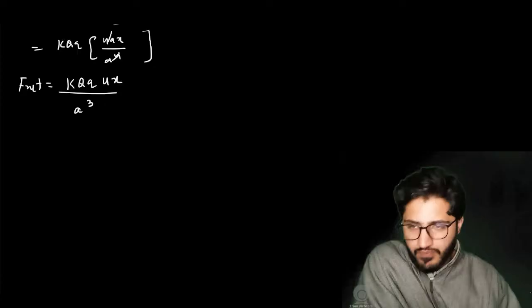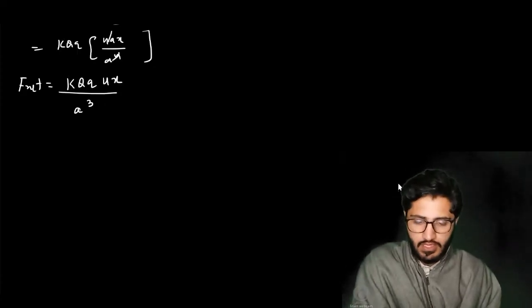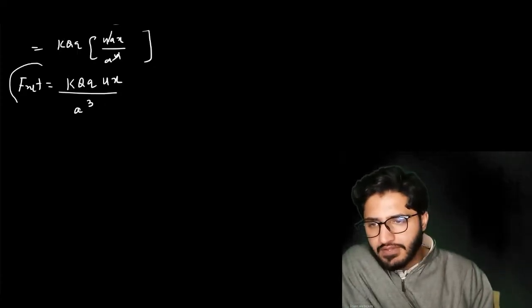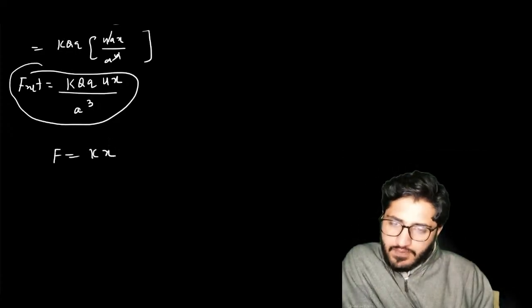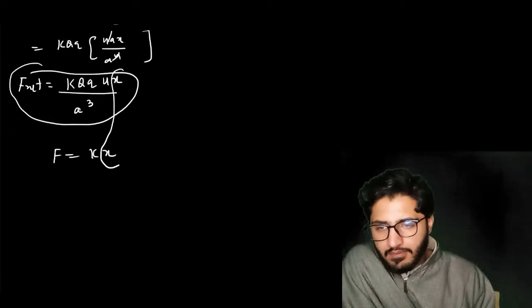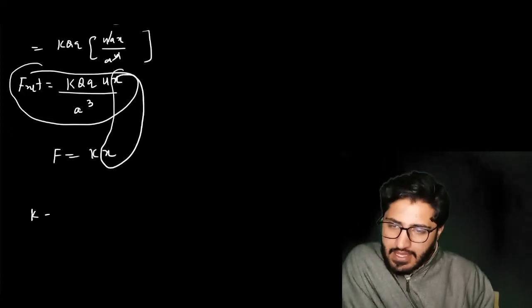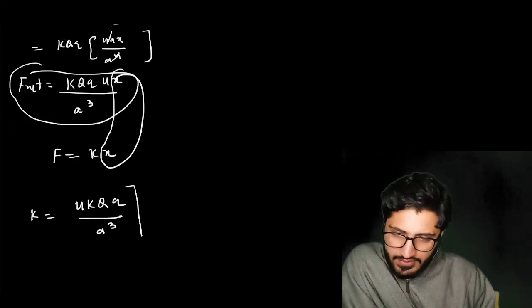Okay. Done. So look now. Let us compare the whole equation to F equals KX. Look, X is the same. Then can I write my K came out to be 4KQ squared whole divided by A cube? Yes, sir.